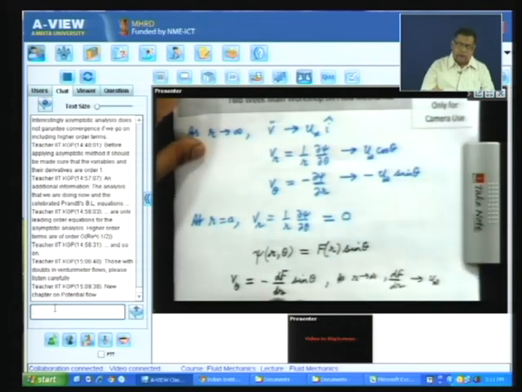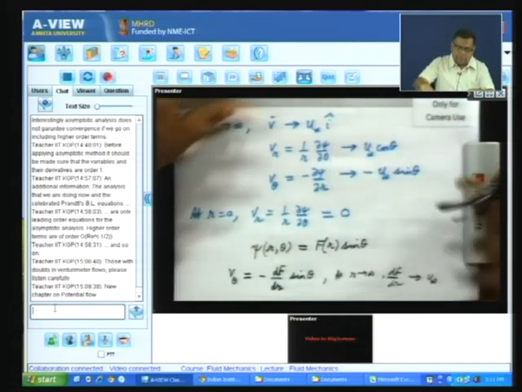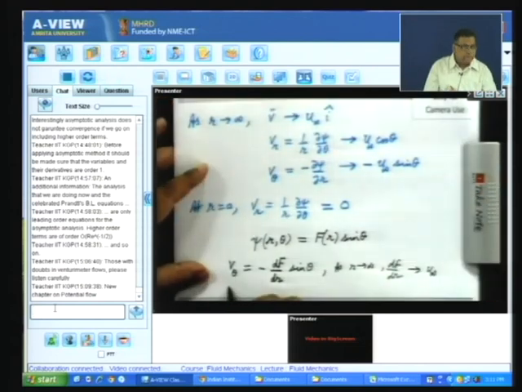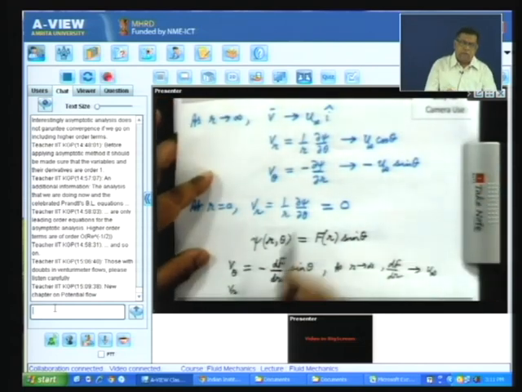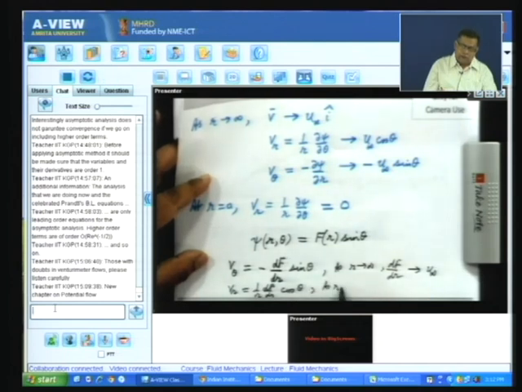Similarly, if I look at V r, that is 1 by r del psi del theta. If I differentiate this, you are going to have 1 upon r f cos theta, sorry, it is f by r cos theta.